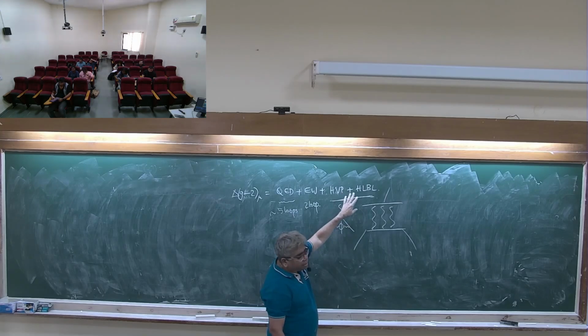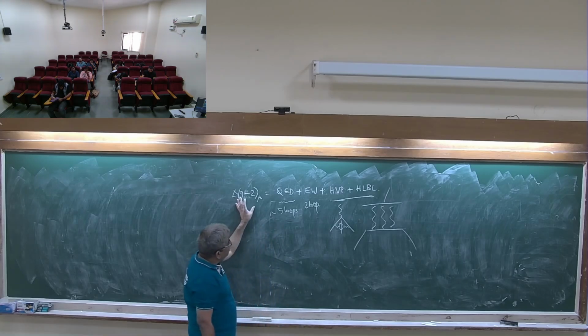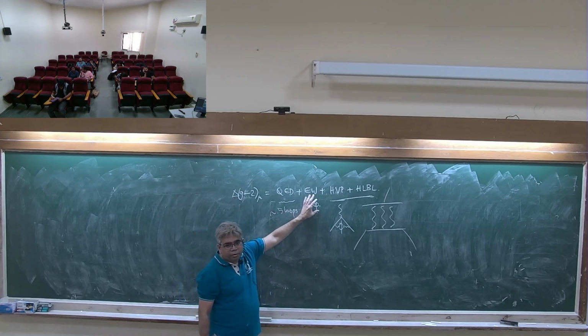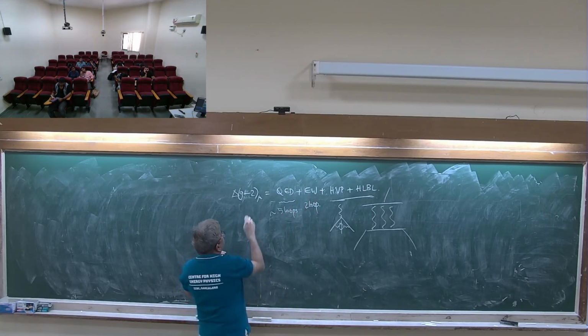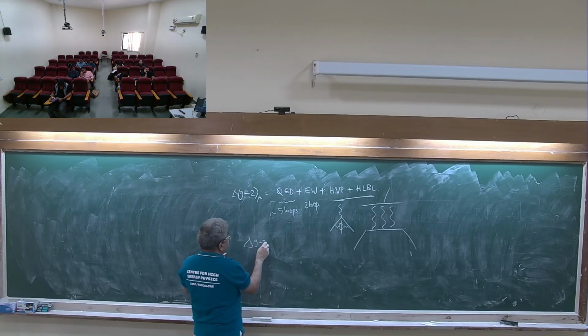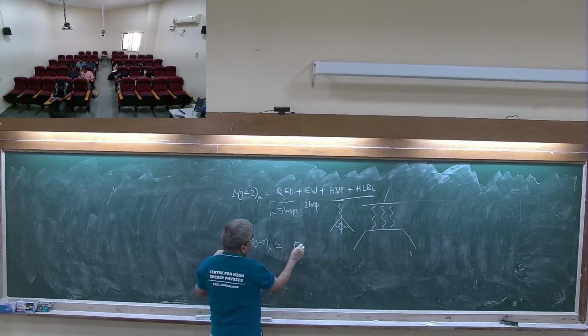Let's say these are under control, but they can be error. The size of the error is of the size of electroweak correction from the standard model. So delta G minus 2 of the muon is roughly of the order of electroweak.